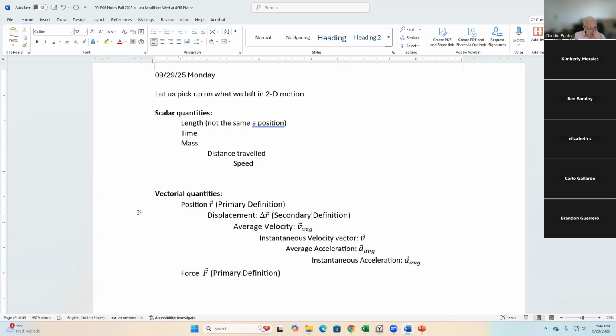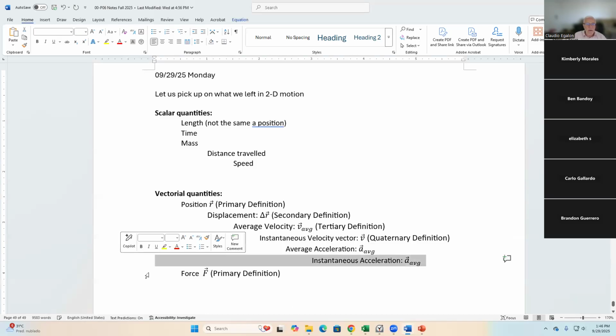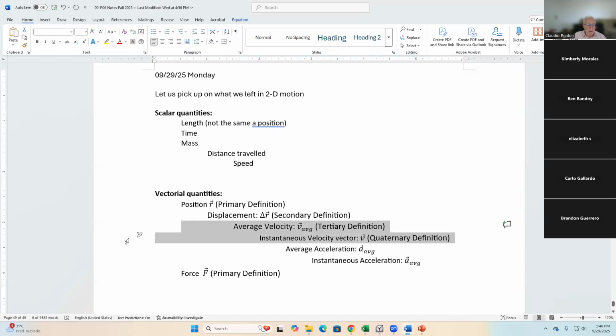It's a definition that needs the primary definition of position. And then we have average velocity, then it becomes tertiary, right? Tertiary definition, then quaternary, and so on, for instantaneous velocity, average acceleration, then instantaneous acceleration. We didn't cover those 2 yet. We started covering this one right here, the instantaneous velocity.